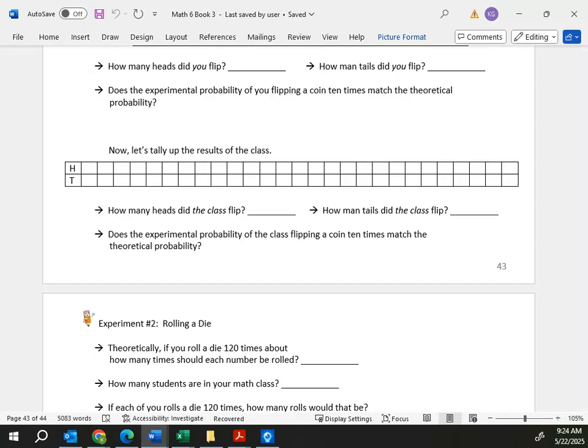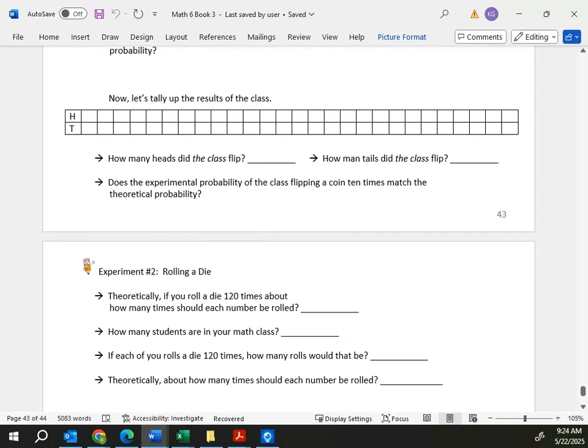So you need to answer your question, does the experimental probability of you flipping a coin 10 times match the theoretical probability? Did you get 5 and 5? It's either a yes or a no. Okay, so answer the question on your paper. You can't put it on the board because I didn't do it, so I can't answer it. So either yes or no. It was either 5 and 5 or it was not.